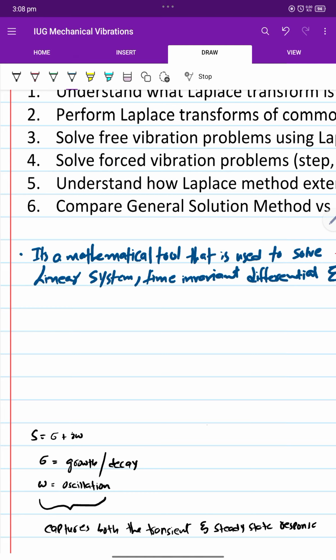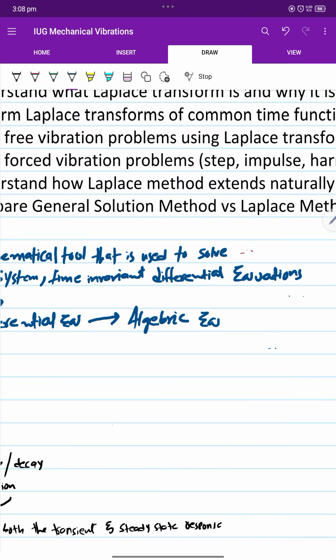So what it does is convert a differential equation into an algebraic equation, and then it solves the system.